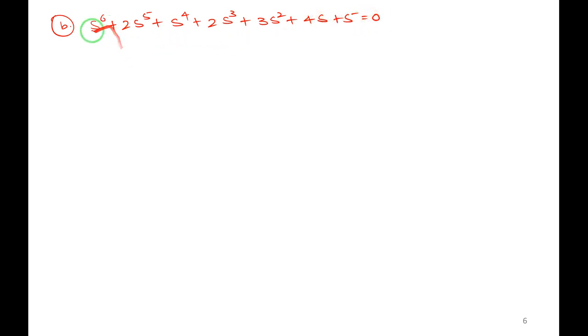Observe all the powers of s are present, 6, 5, 4, 3, 2, 1, 0, and all the coefficients are positive. So the necessary condition is satisfied. The system may be stable.